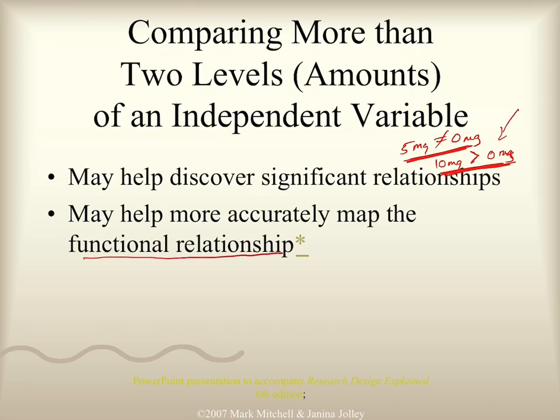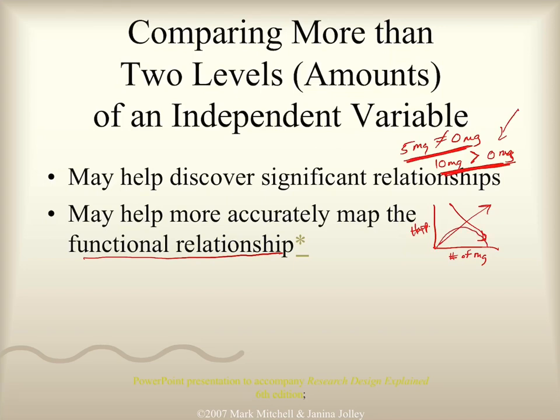is the specific way in which 2 variables relate to each other. So these can be, for instance, the number of milligrams of a drug and happiness. These can be linear, either positive or negative. They can be quadratic.